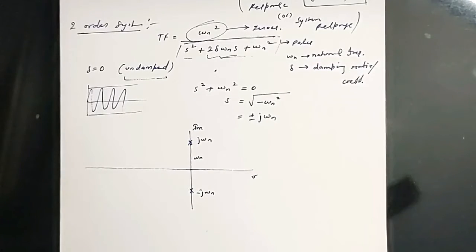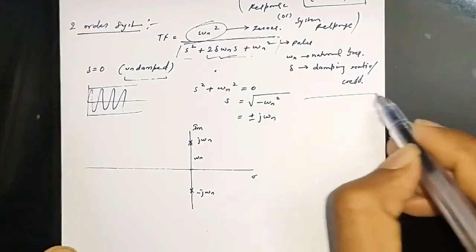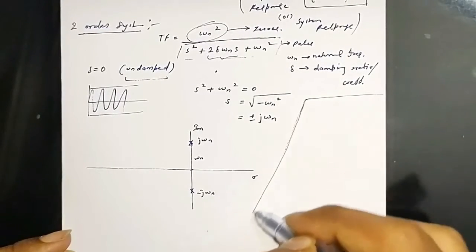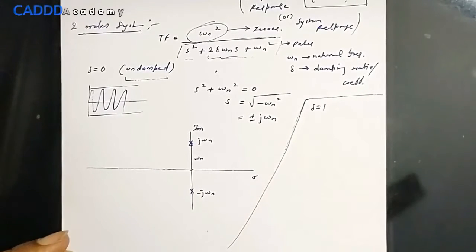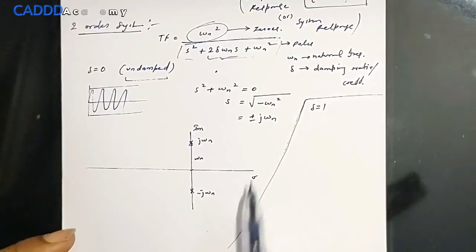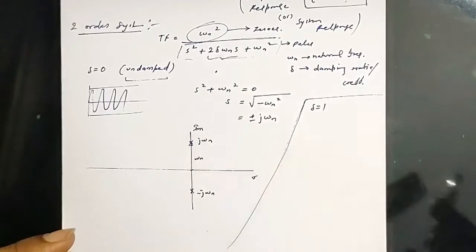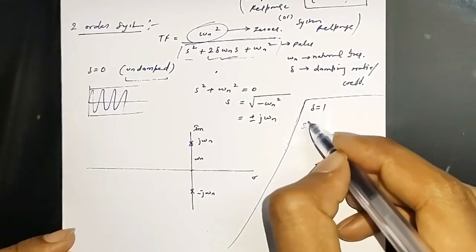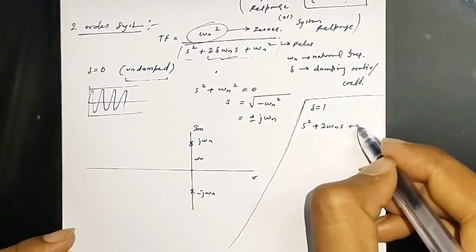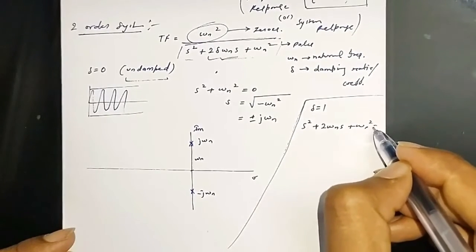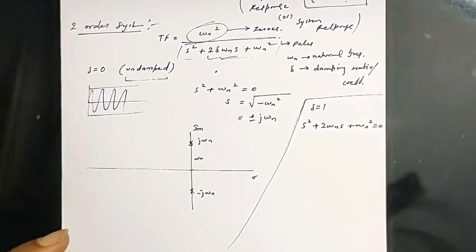Let's take another case where we will have zeta is equal to 1. So let's put zeta is equal to 1 in this denominator equation. We will get s square plus 2 omega n s plus omega n square is equal to 0.